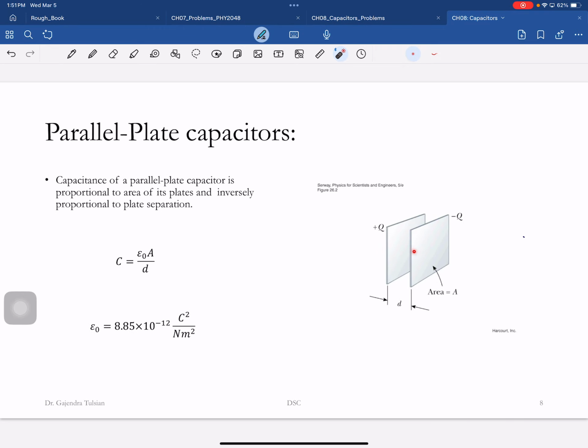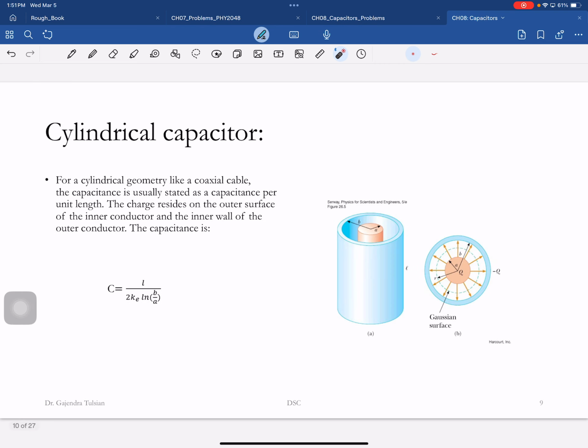All right, so for parallel plates, here's the capacitance in terms of the geometry. You have cylindrical capacitors, there's a conductor. Again, for a capacitor, what do you have to have? You have to have two conductors. Here is an inner conductor and an outer conductor.